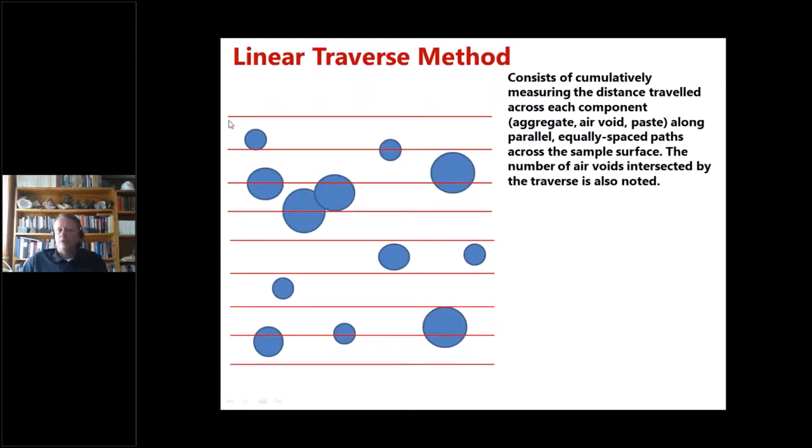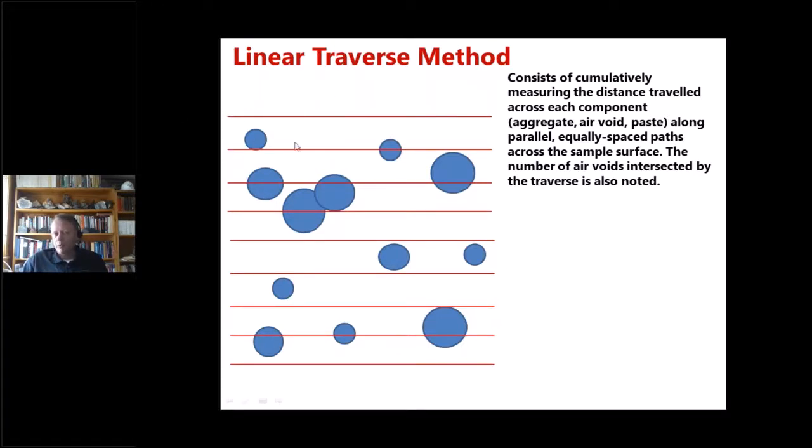And so imagine starting here on your sample and imagining this is the line that you follow. As you're following across this line, you're noting how much of that line is essentially intersecting paste, how much is intersecting aggregate, and how much is intersecting an air void, whether it's through the middle or just barely or whatever. And you're also noting how many voids you run across during that traverse segment.